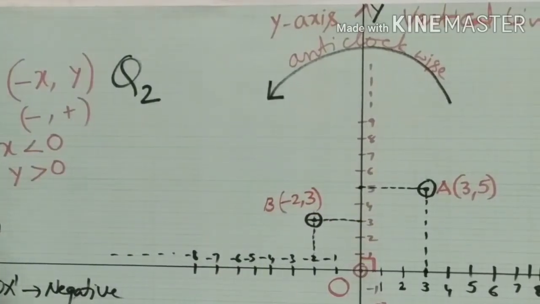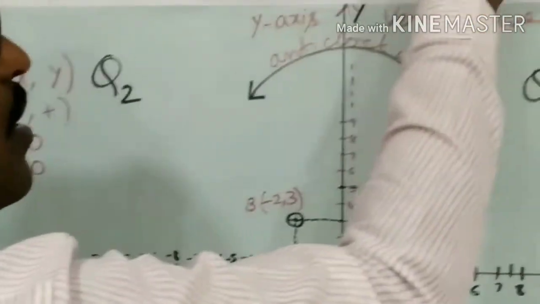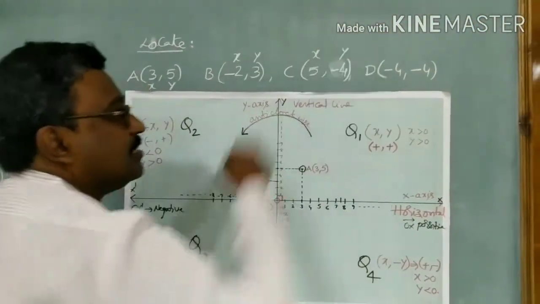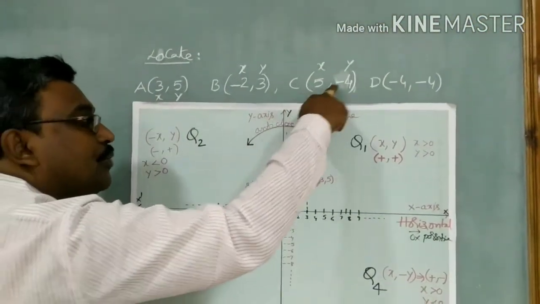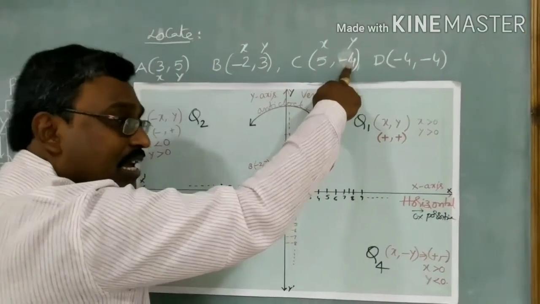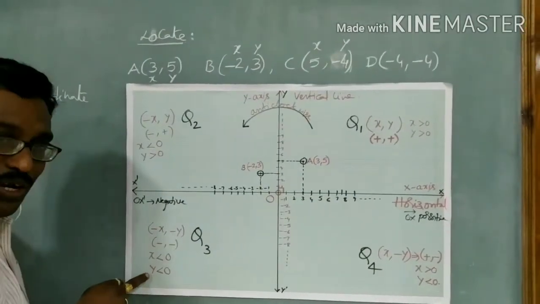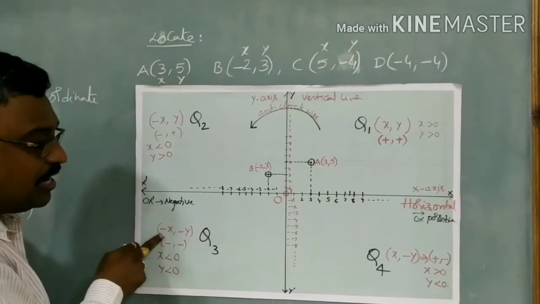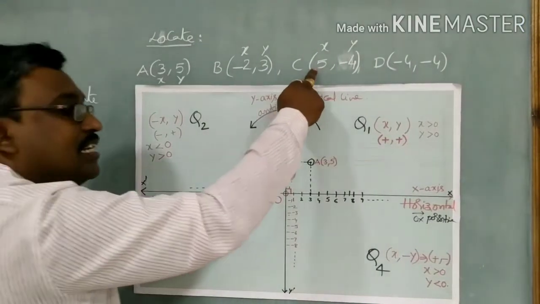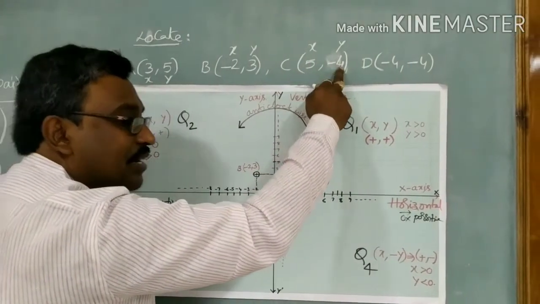Now, the third point, C, (5, minus 4). This is X and this is Y. X is positive, Y is negative. Does it go to the third quadrant? No. There both are negative. So X is positive, Y is negative.